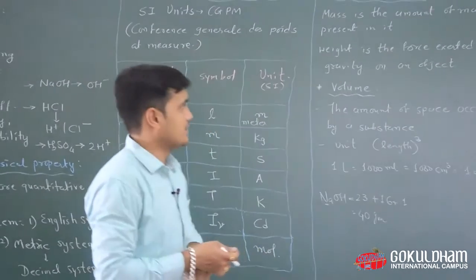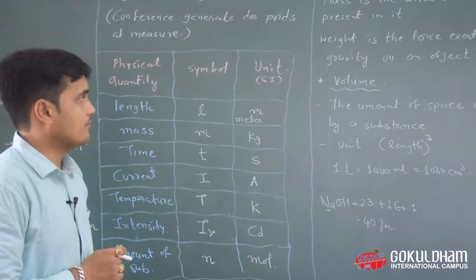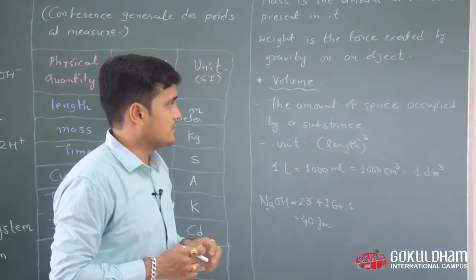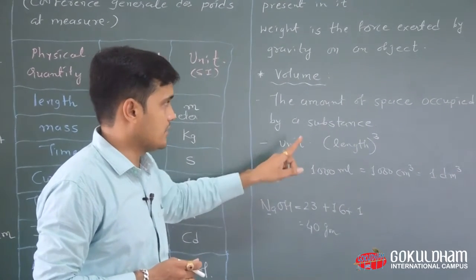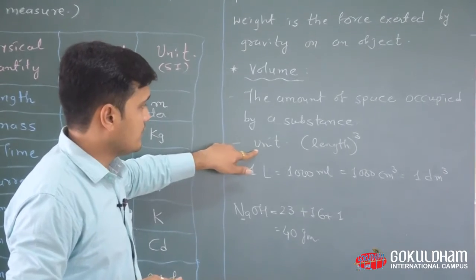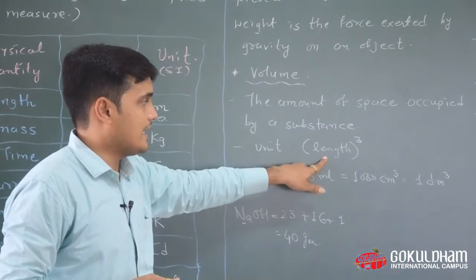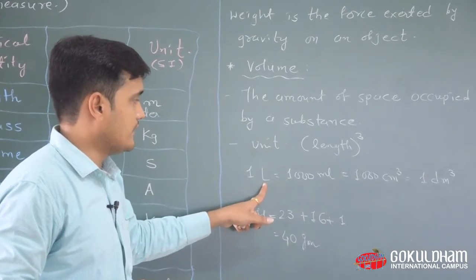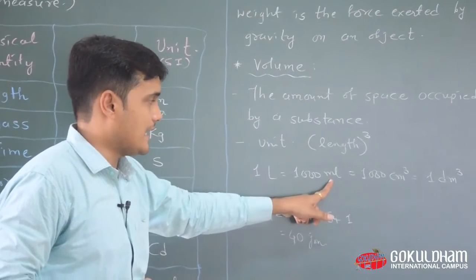Now the another section is volume. Volume is defined as the amount of space occupied by a substance. The unit of volume is length cube. 1 liter is equal to 1000 ml.